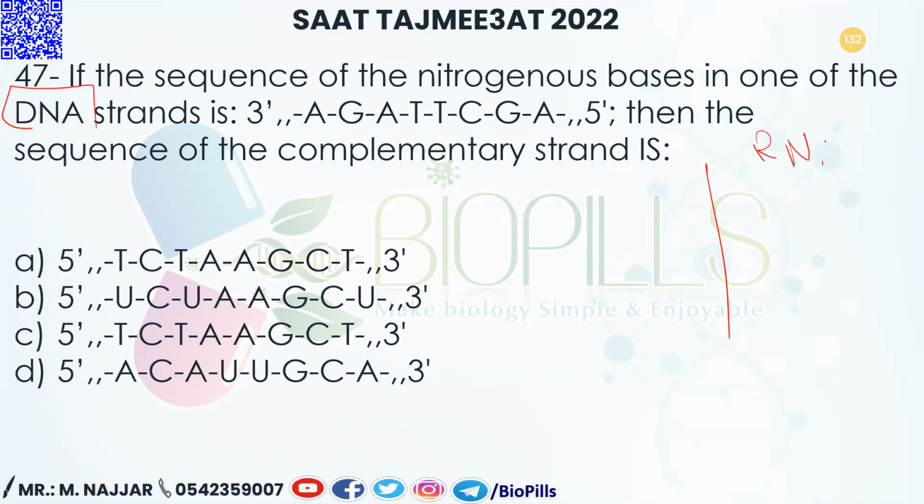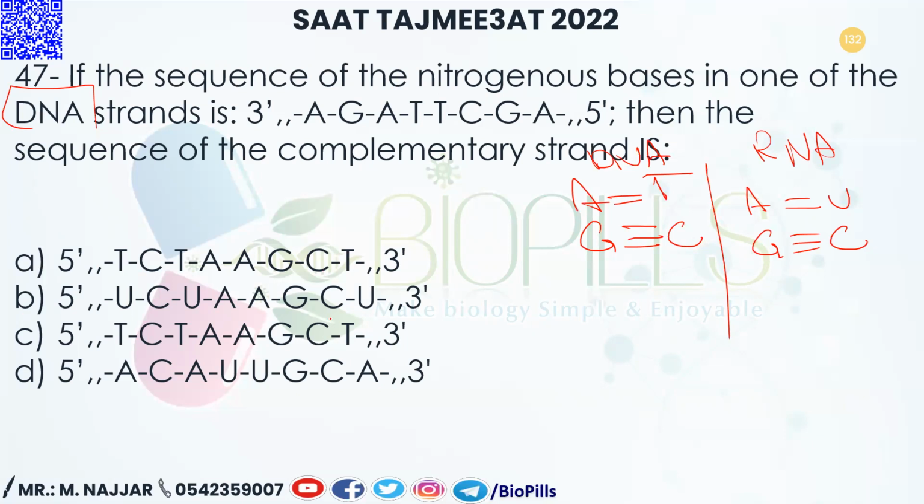In RNA, the base pairing rule states that adenine always pairs with uracil and guanine always pairs with cytosine. While in DNA, adenine always pairs by a double hydrogen bond with thymine and guanine pairs with a triple hydrogen bond with cytosine.